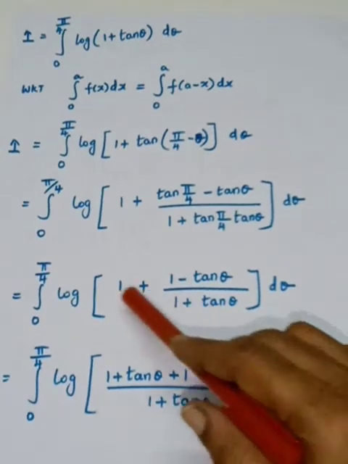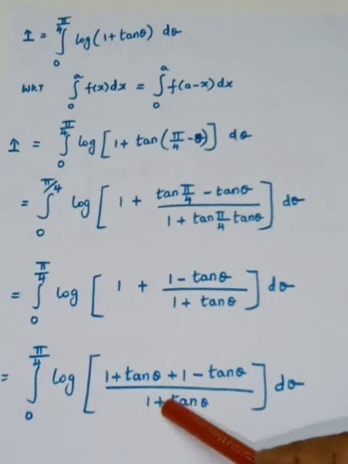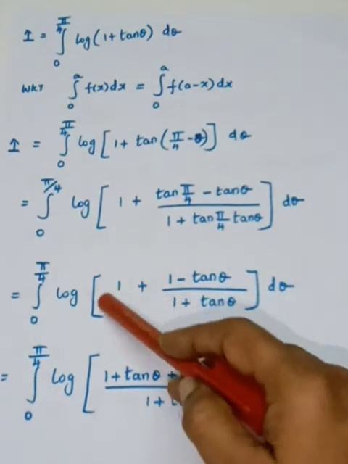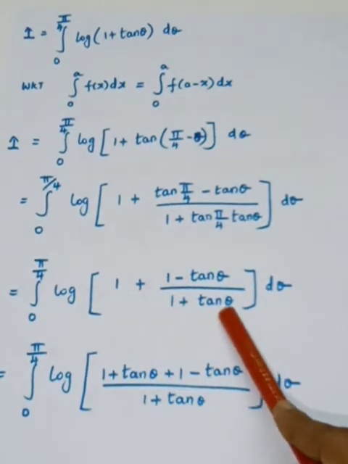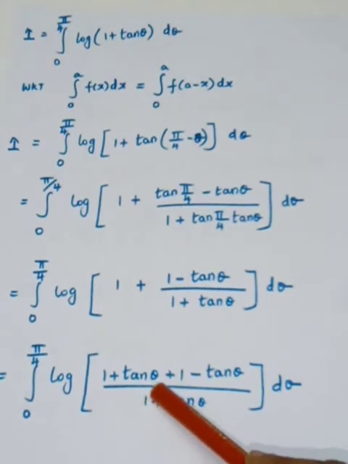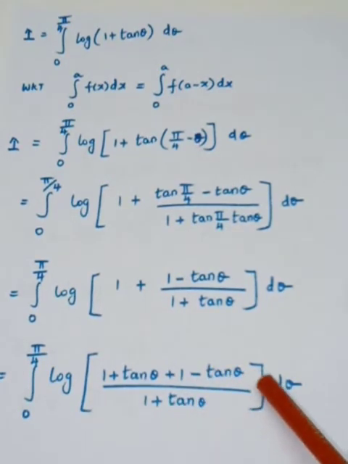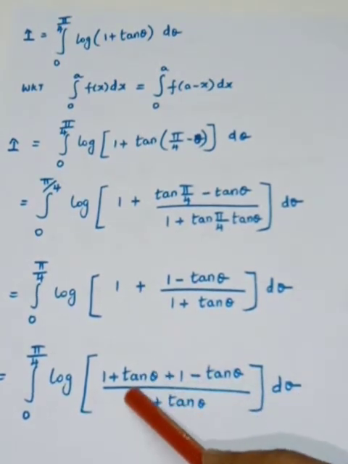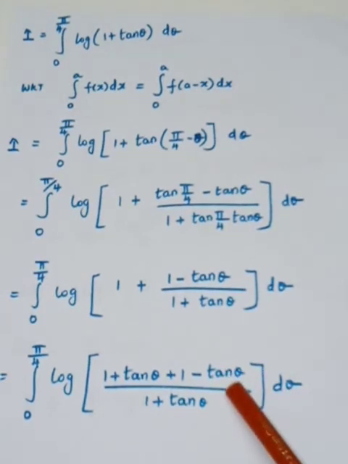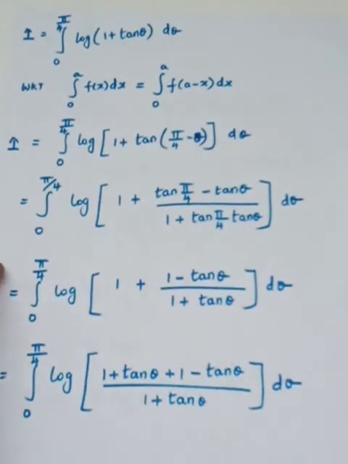So you are going to take LCM. What is LCM? 1 plus tan theta. So this one has to be multiplied with 1 plus tan theta. So 1 plus tan theta plus 1 minus tan theta. So plus tan theta and minus tan theta get cancelled. So what is 1 plus 1? 2.